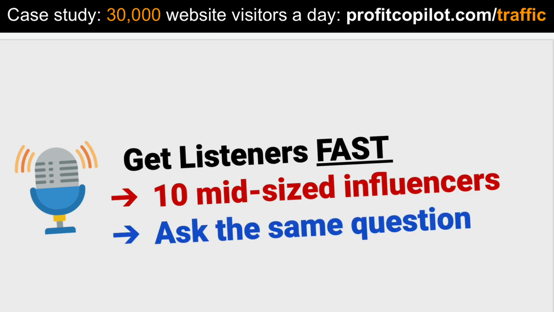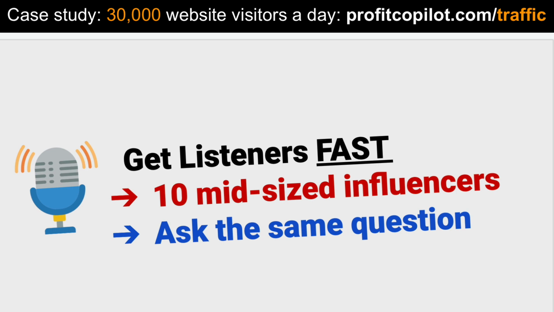And you ask them all the same question. So you might ask them something like, what is the most important thing with X? Or how do you do Y? Doesn't matter. But you ask them all the same question. So you could say something like, in 100 words or less, what is the best way, or what is the biggest influence on, whatever it might be.